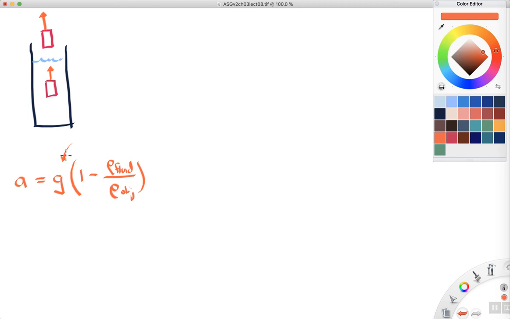So this right here is the acceleration in a vacuum. That is, if you were to suspend this object in a vacuum and then snip the string, how fast would it gain speed in a vacuum? This right here would be the acceleration when dropped in the medium.